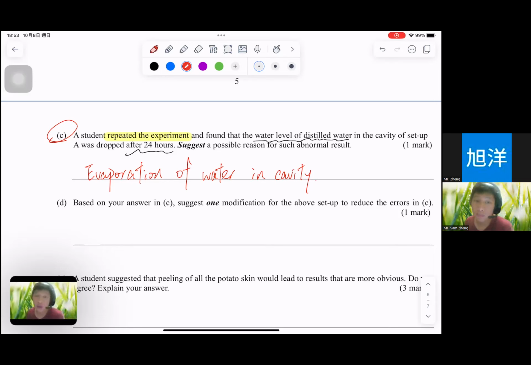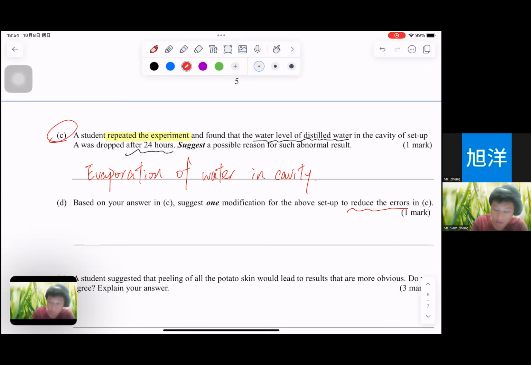So we need to reduce this type of error. This is an error that we need to avoid so that we could receive a better result, because it is related to precision.